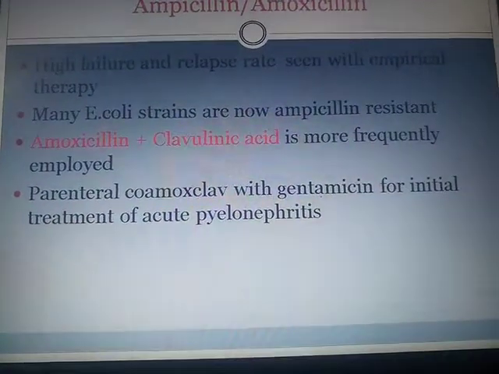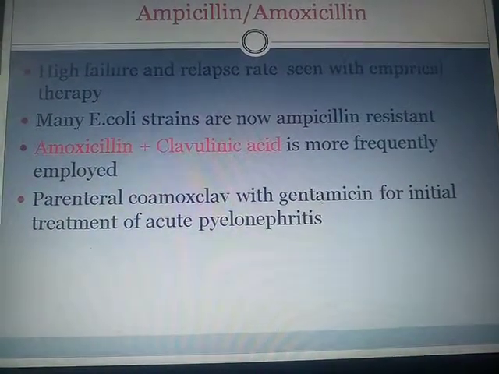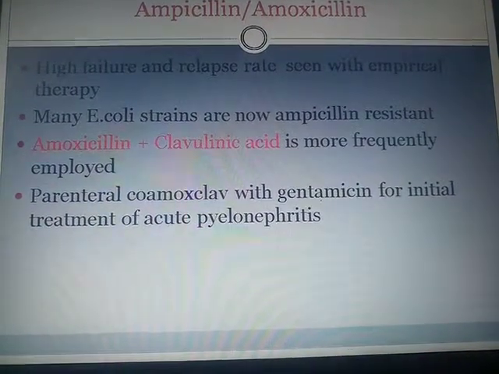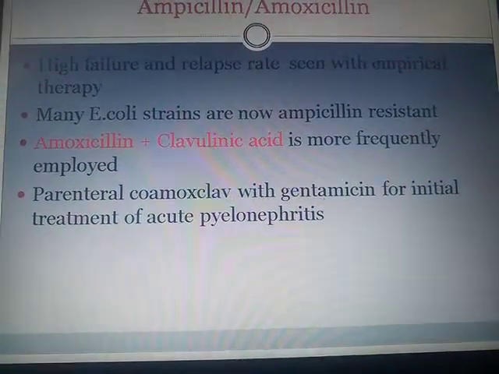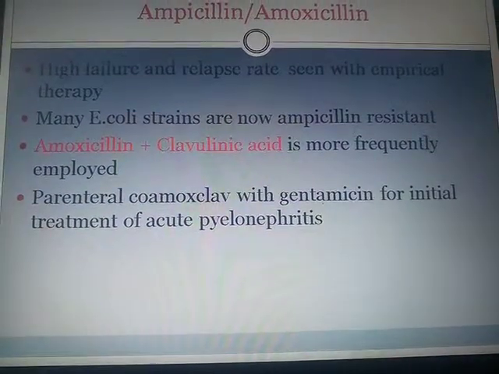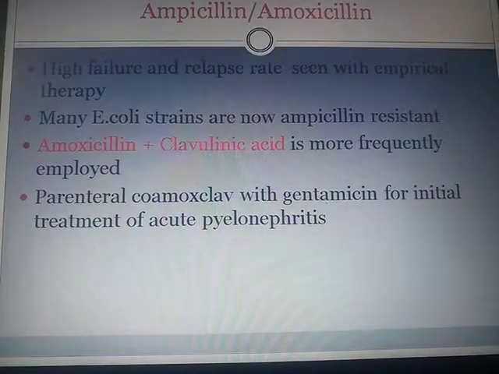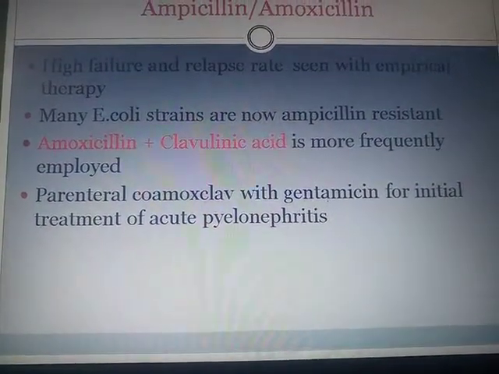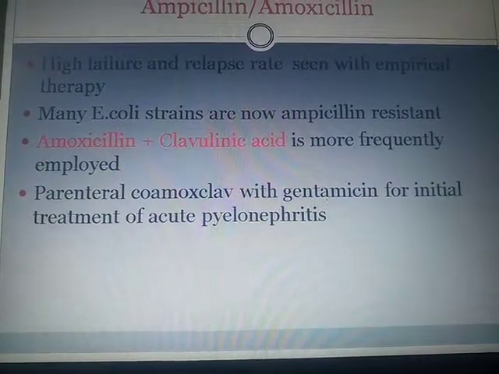Ampicillin and amoxicillin. Because of the high failure and relapse rate seen with empirical therapy of ampicillin and amoxicillin, and because most E. coli strains are now ampicillin resistant, they are not sensitive. Amoxicillin combined with clavulanic acid is more frequently employed.